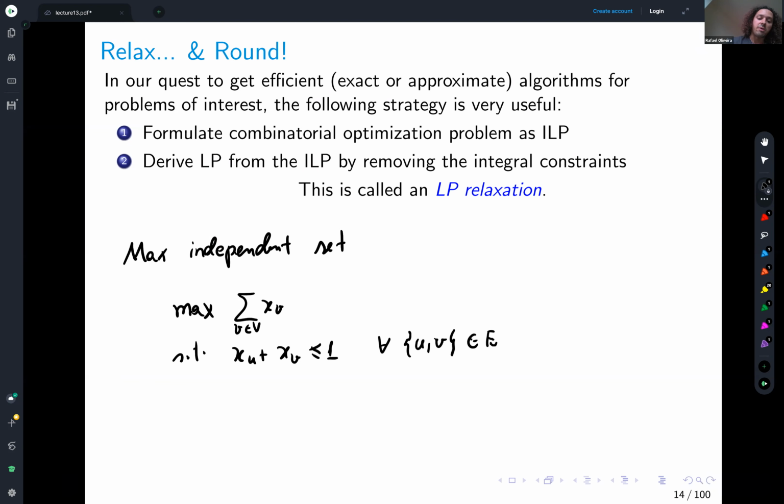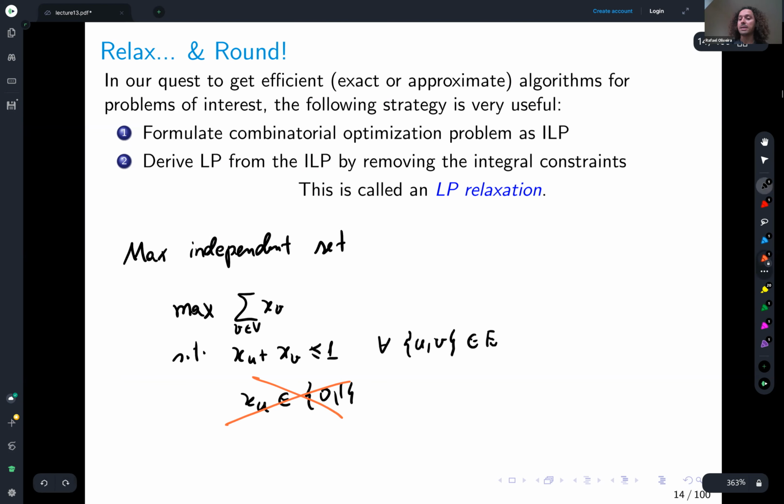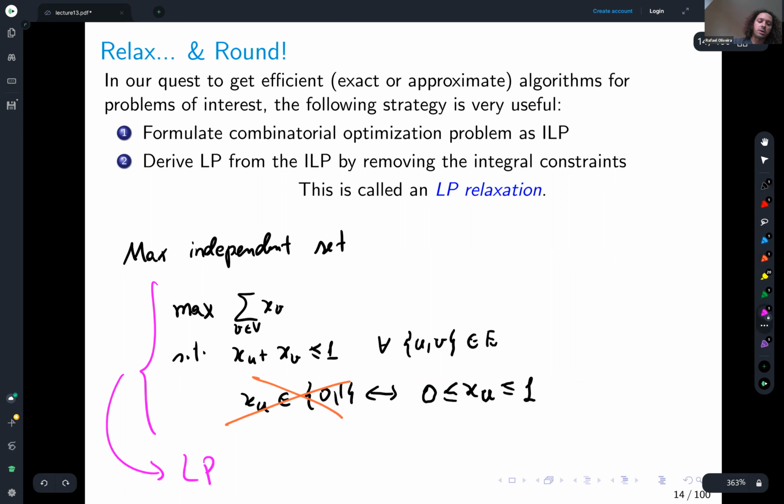And then before, we had x_u in {0, 1}. These are the integral constraints. So we remove them and replace them by easier constraints: 0 less than or equal to x_u less than or equal to 1. Does that make sense? Now the resulting program is a linear program, the LP relaxation, because these constraints are easier to satisfy.